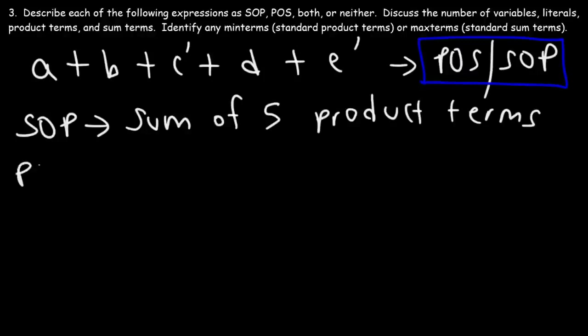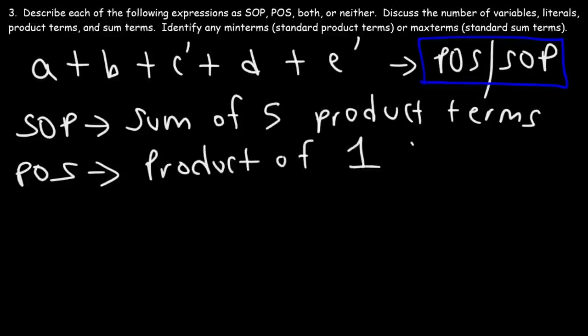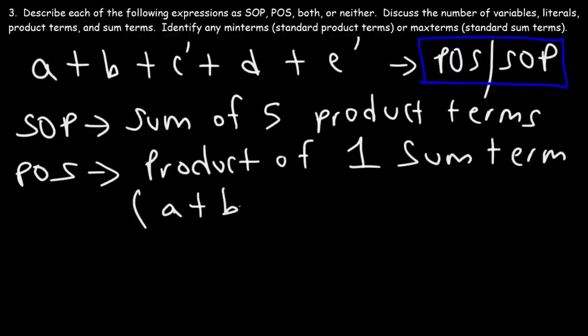And as a POS expression, we could say that this represents the product of one sum term. So imagine if we put it inside a single set of parentheses. In this case, this would appear as one sum term.